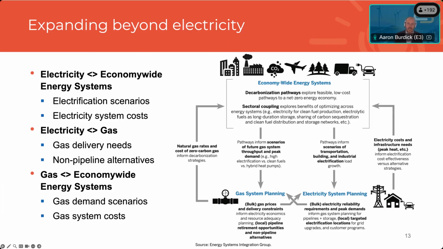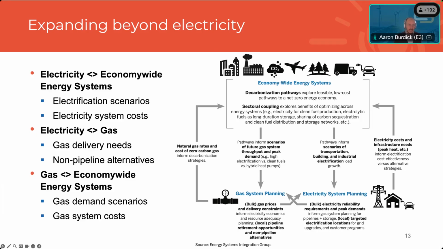So when we think about those energy systems, there's been a lot of great work done in the context of decarbonization policies, looking at pathways to meet, for instance, net zero energy economy targets. And within that, look at coupling of sectors to explore how to optimize, for instance, between transportation decarbonization and electricity system planning. So those types of pathway scenarios really form a foundational set of scenarios that can then flow into gas and electricity system planning.